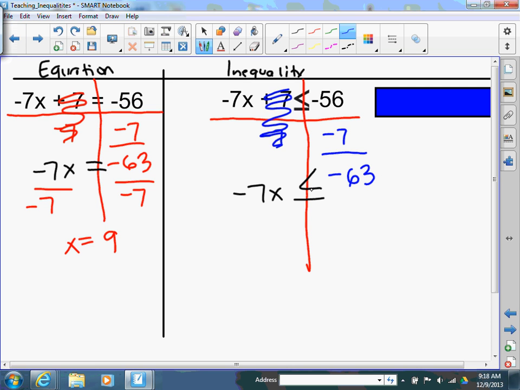All right, see this symbol? We're going to flip it now. You got to flip it, because we're going to divide by negative 7.